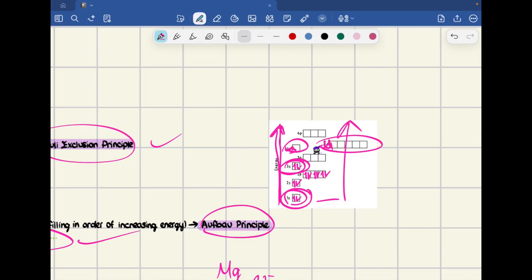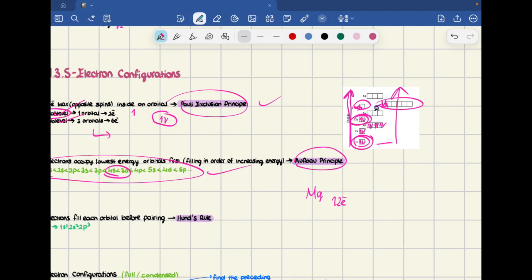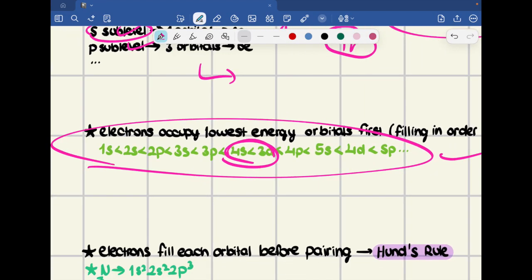It's the same case with 5s and 4d. So s is filled before d. Let's take a look: 4s before 3d, 5s before 4d, and for example, 6s before 5d. So this is the order.